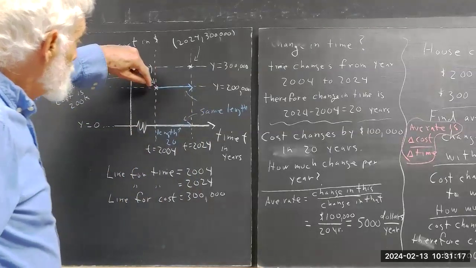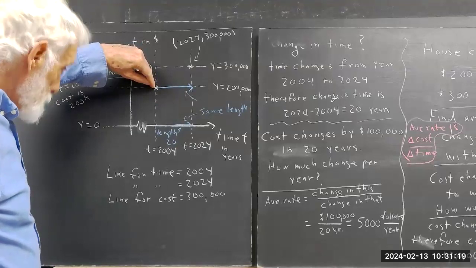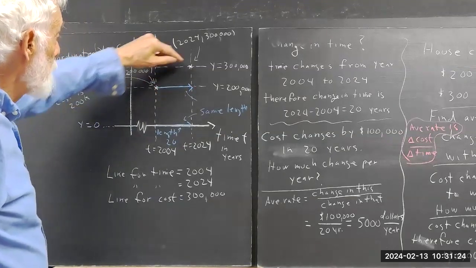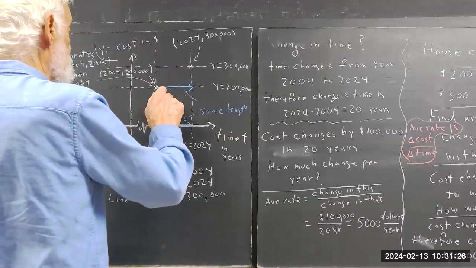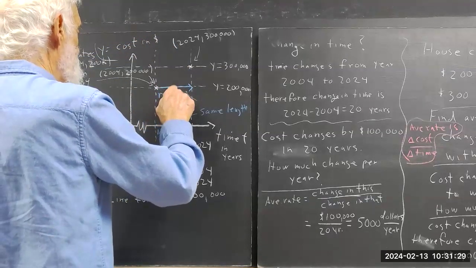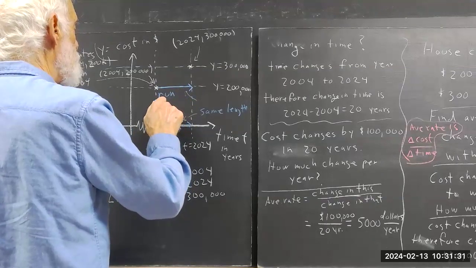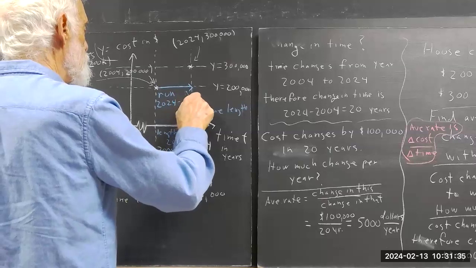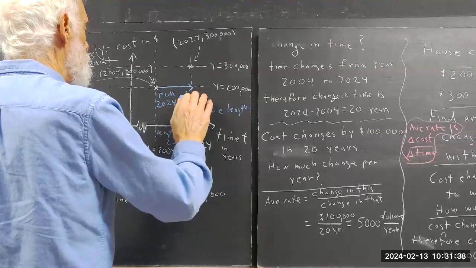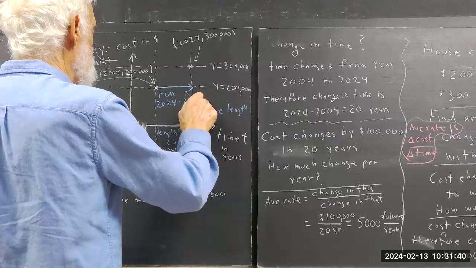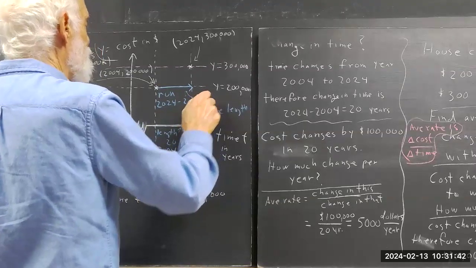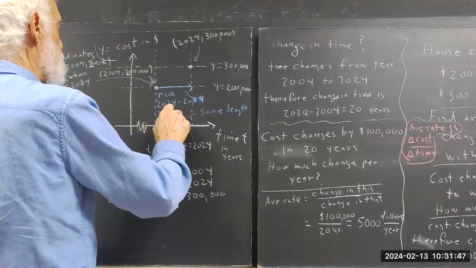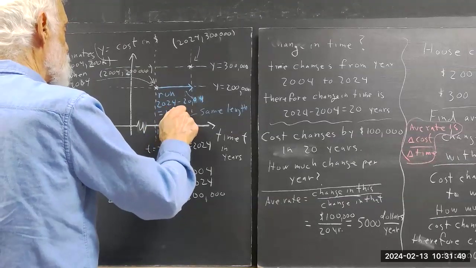But here, since it starts at this point, and it's the horizontal part of a path from this point to this point, I'm going to call it the run. 2024 minus 2004 equals plus 20.